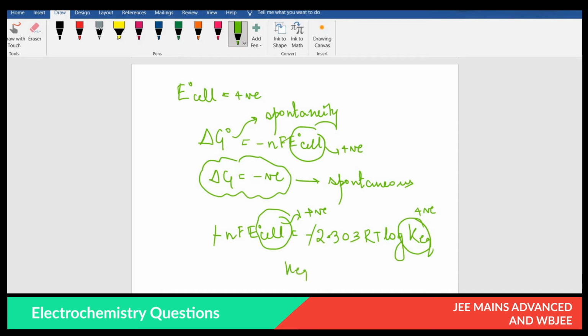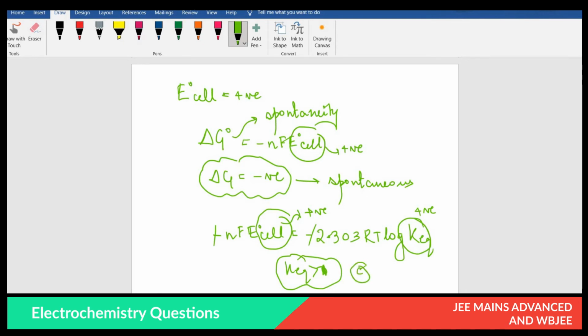So K equilibrium should be greater than 0. Or sorry, greater than 1, because obviously log of 1 would be 0, right? So K equilibrium cannot be 1. It should be greater than 1 at least. So it matches with option C. That would be the correct option.